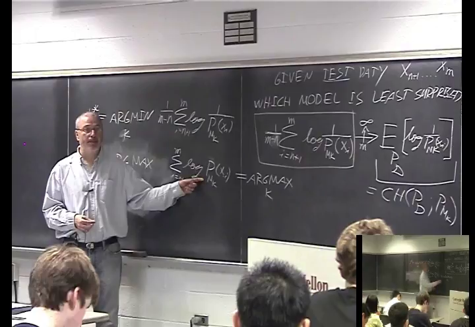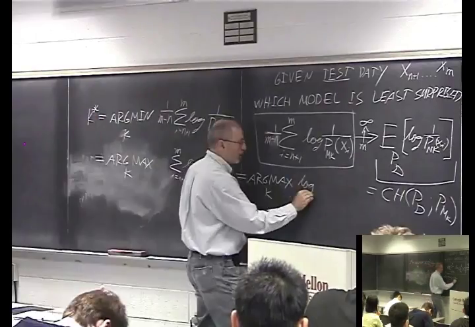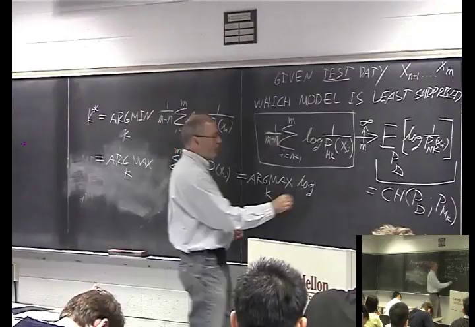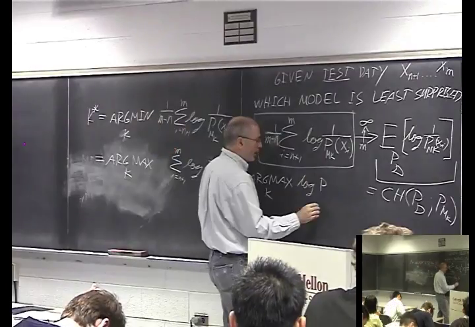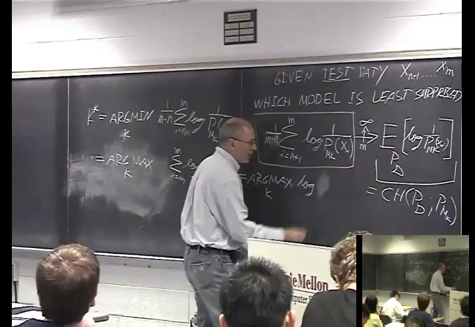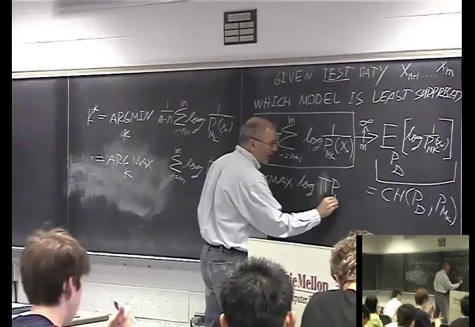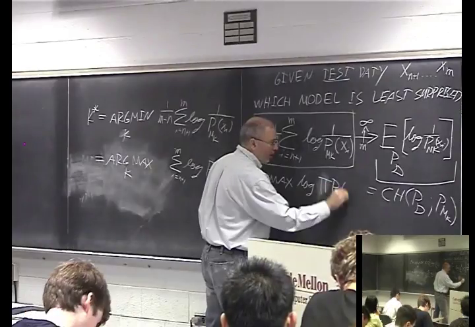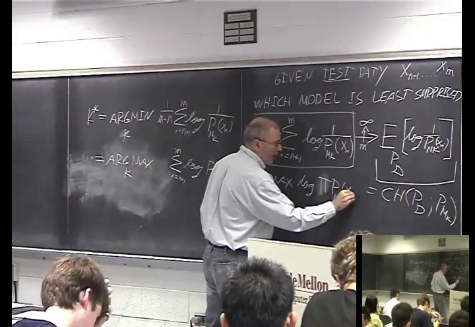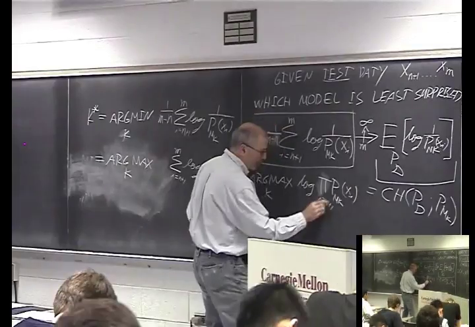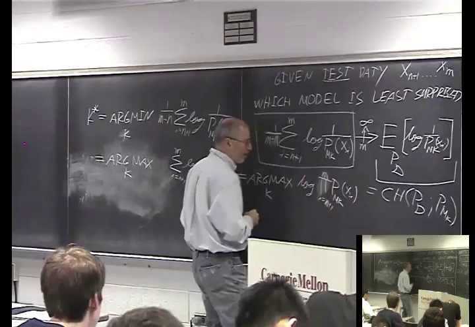So I'm going to write it as log of the product of P of mk of xi, i goes from n plus 1 to m.